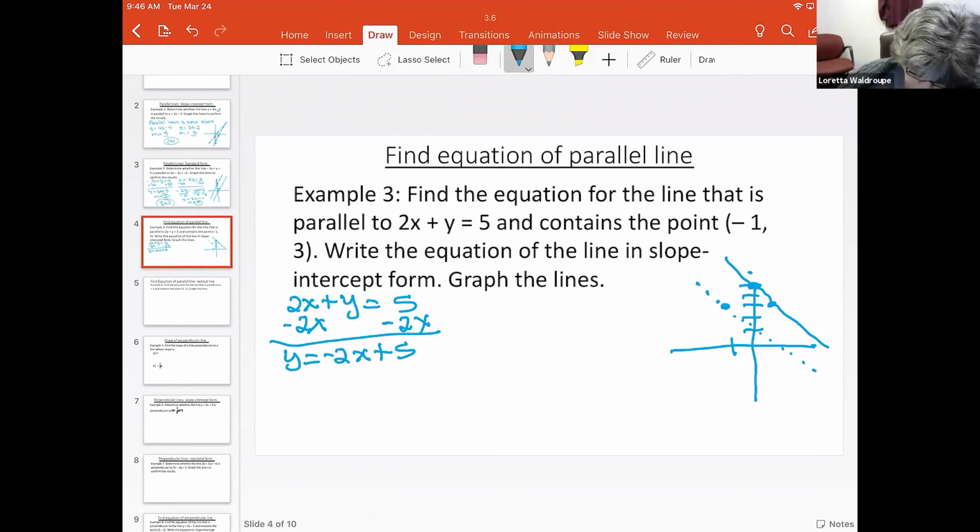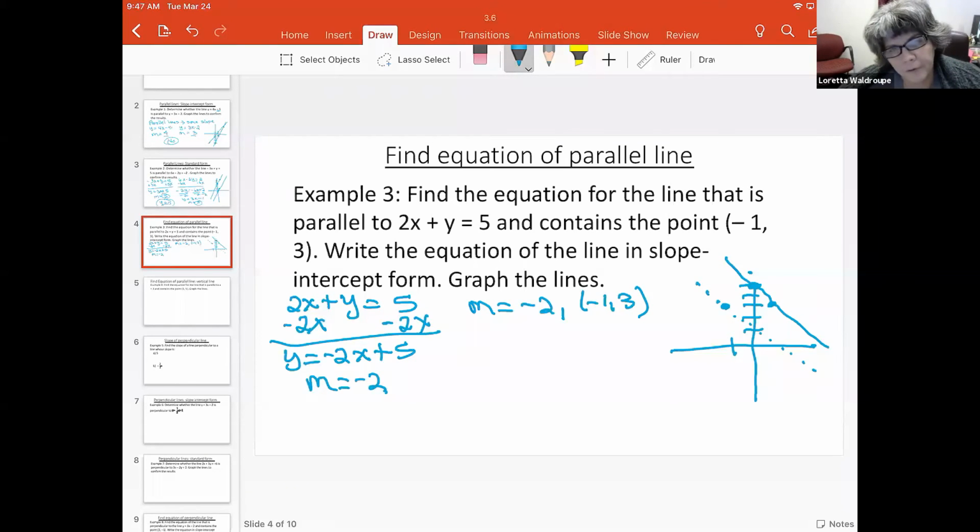Well, first of all, if the slope here is -2, we know that the slope of the parallel line is also -2, and we have the point -1, 3. So using the slope and the point, we can use the point-slope form of the equation of a line and solve for y.